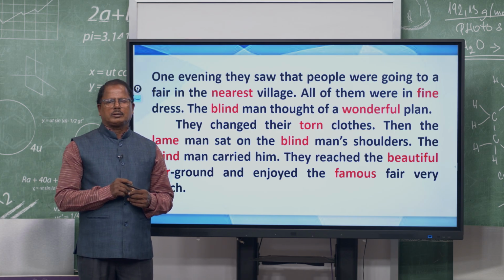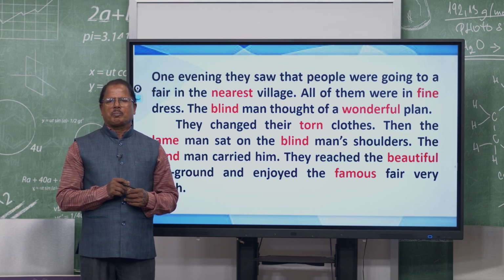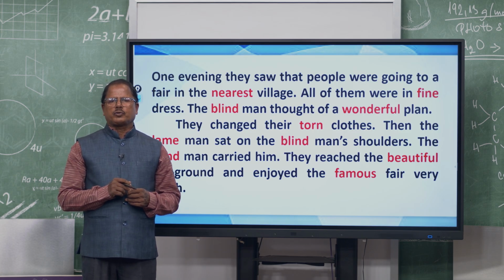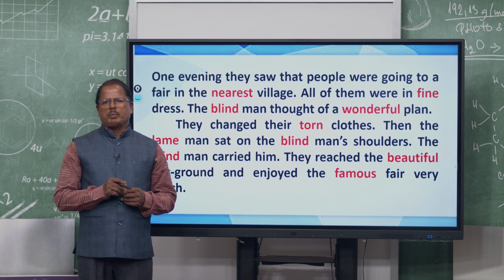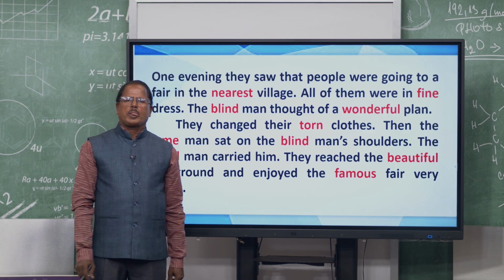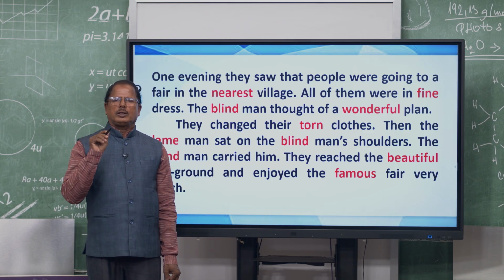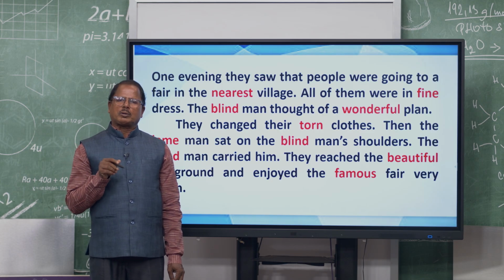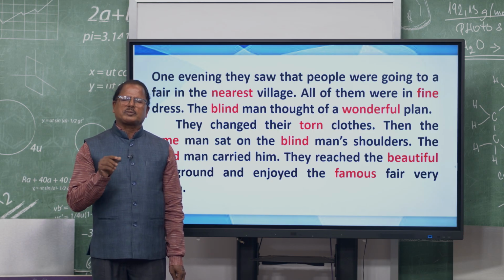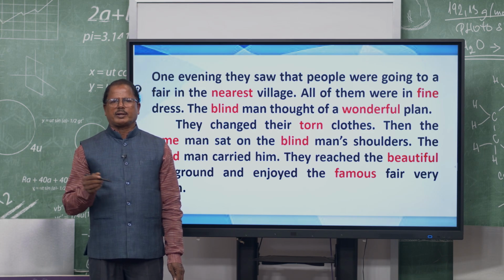So, fine, nearest, blind, wonderful, torn, lame, blind, then beautiful, fair, beautiful, then fair, famous, all these words which are in red color, they say something about the noun. Suppose nearest village, the particular word nearest says something about the village: it is very near. Fine dress, the dress was very nice, very fine.